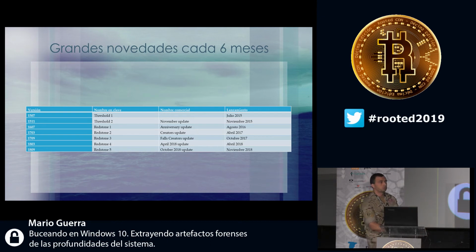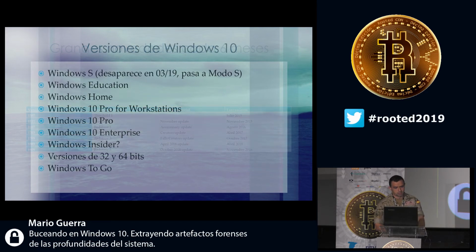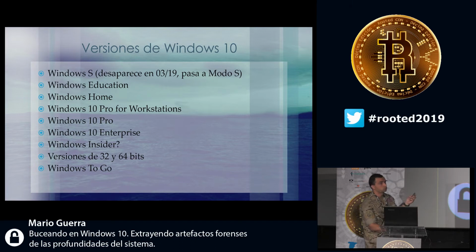In April we'll have 1903, the new revision, with new events and forensic artifacts, and those events are not here. In the last few months, through Windows Insider, the novelties have been assessed regarding what might be new, but Microsoft has a bad habit of touching things that you knew before, so you need to validate that those things are still applied in the current Windows when you do forensic analysis.